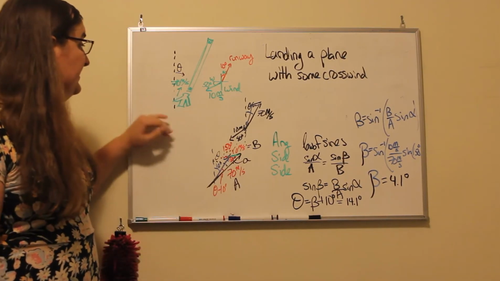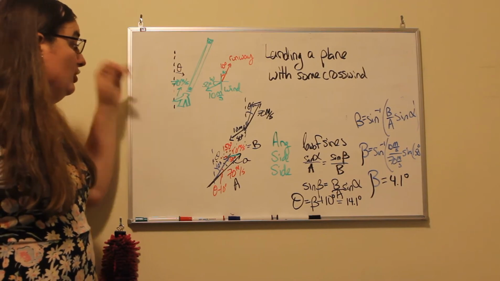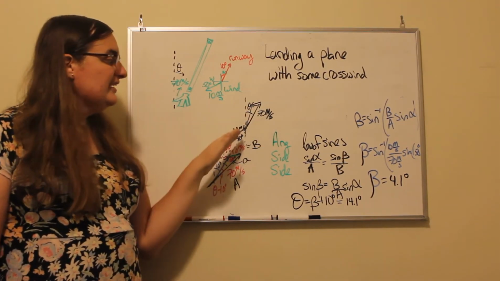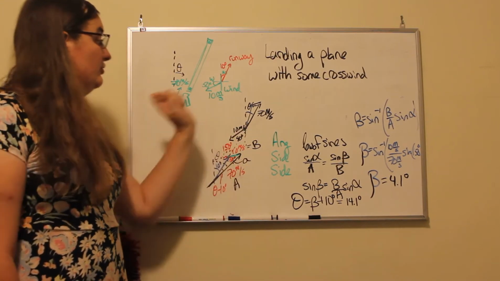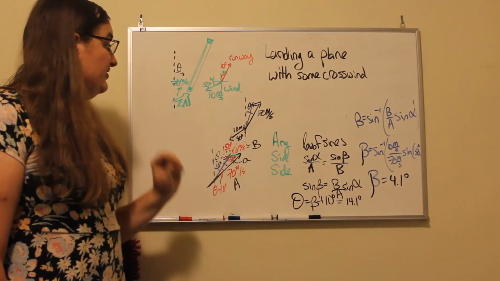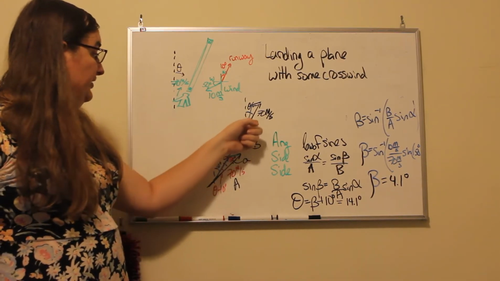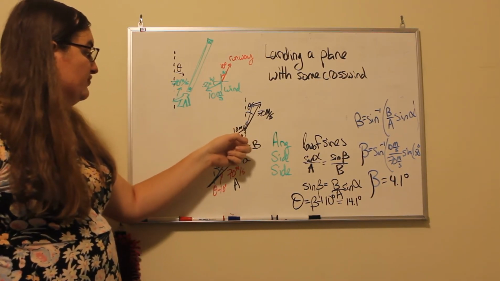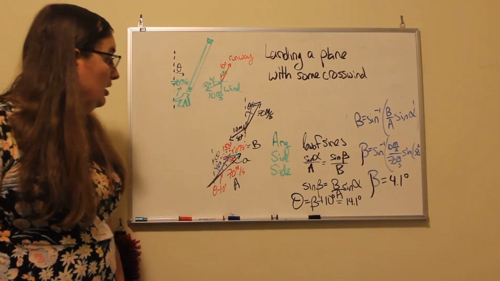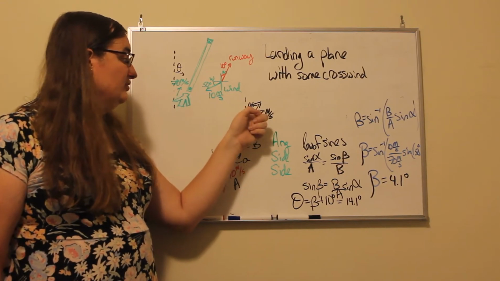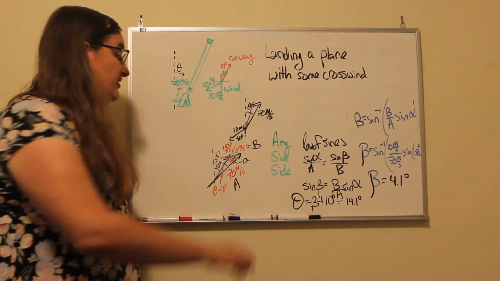Well, taking a look at the vectors involved, we're essentially doing a vector sum of the forward velocity vector of the plane through the wind and the motion of the wind itself. So the wind, here I've redrawn it as just 40 degrees west of south, and here's my unknown angle east of north at 70 degrees.